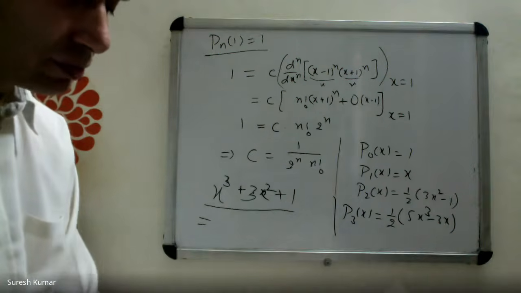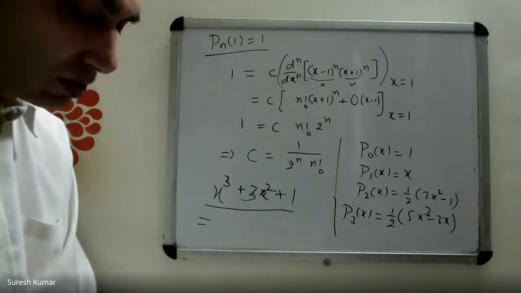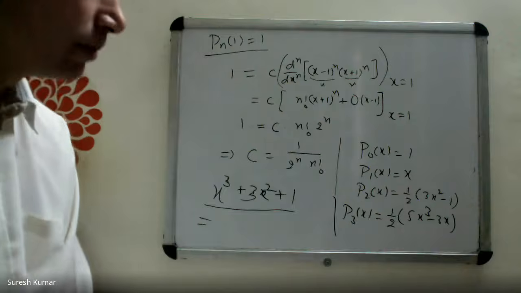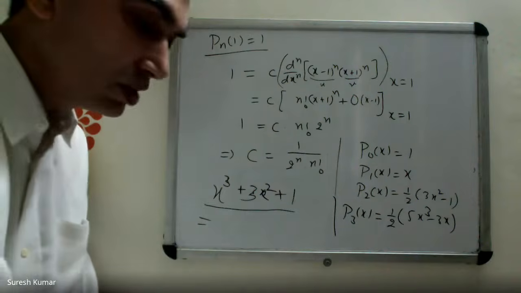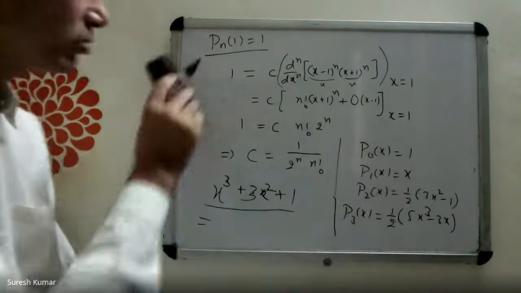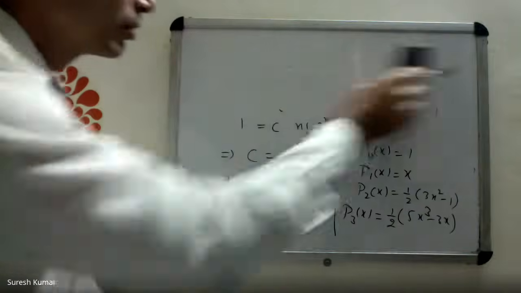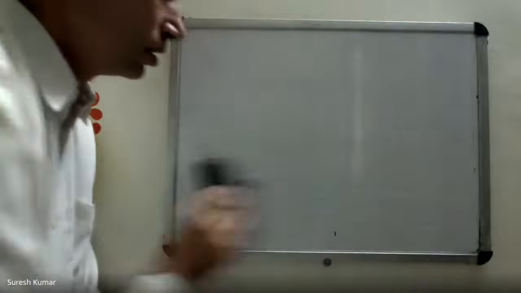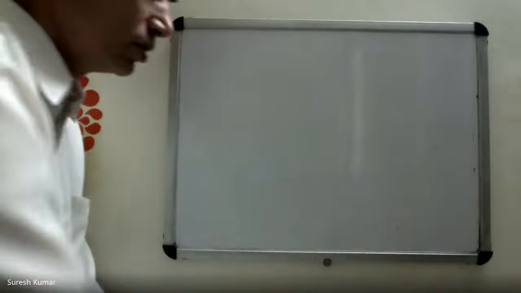Okay, so up to this I think you understand what Legendre polynomials are and how to obtain them. You can easily write the Legendre polynomials from the Rodrigues formula. So I summarize.